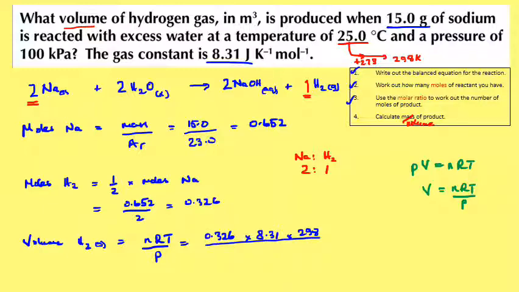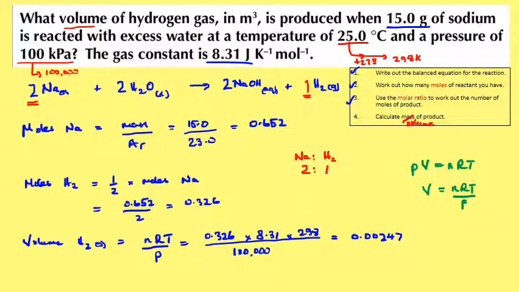And you remember that our 100 kilopascals needs to be converted into pascals. So it's 100,000 pascals. So we divide by 100,000 pascals. Then you feed that into your calculator, and you're going to come out with 0.00247.